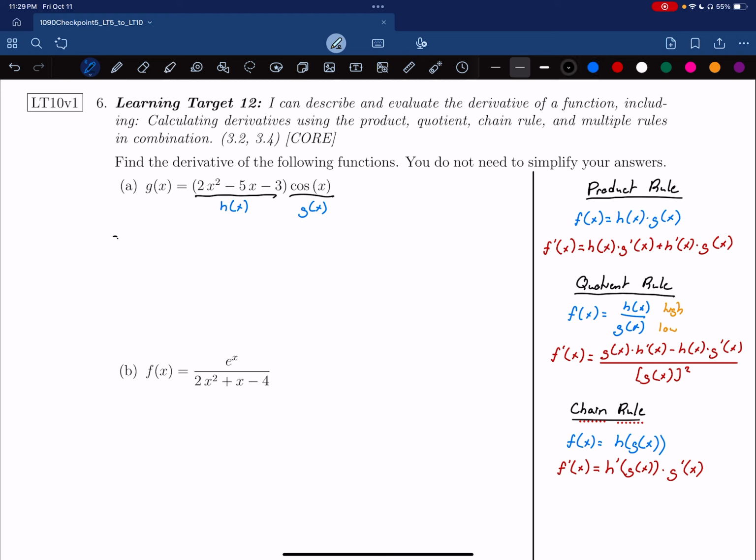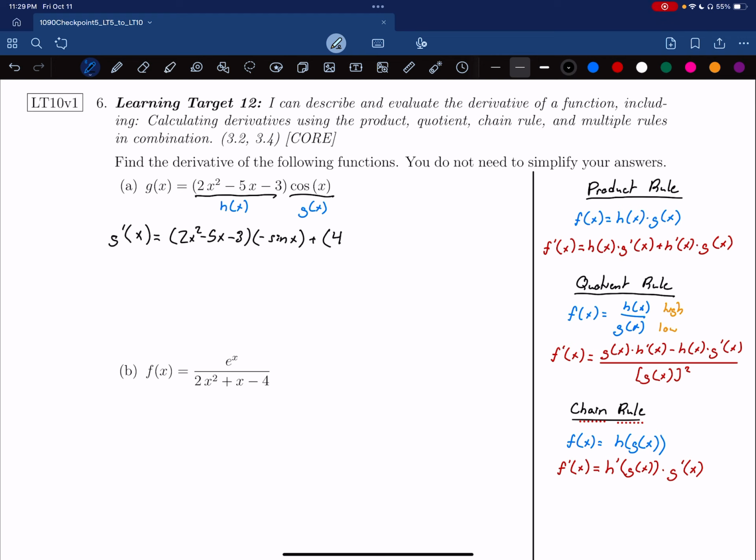We'll have g prime of x equals the first function, so 2x squared minus 5x minus 3, times the derivative of the other function, and the derivative of cosine is negative sine, plus derivative of the first function.